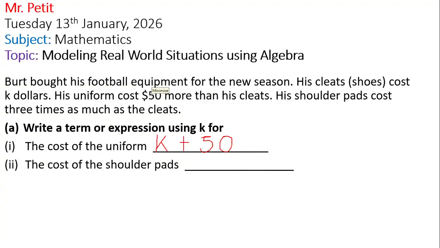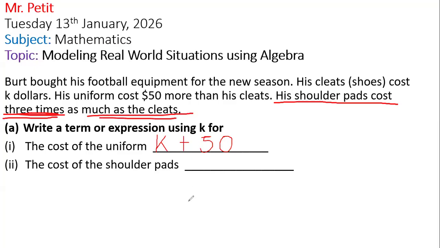Okay, very good. It is 3K because remember what it says. Let's look at his shoulder pads. If you look here, it says his shoulder pads cost 3 times as much as the cleats. It literally said that.